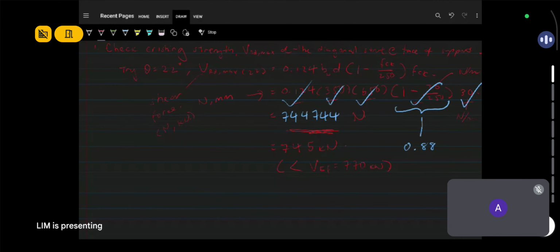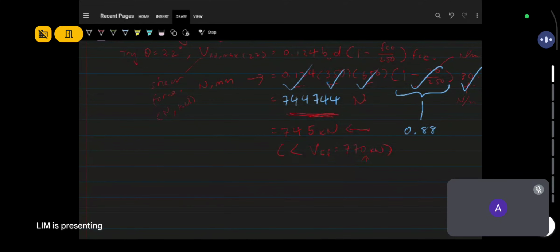Our concrete strut fails, because our concrete strut only has a strength of 745. The actual force it has to resist is 770. Not enough. So let's try the other angle, the bigger one, 45.